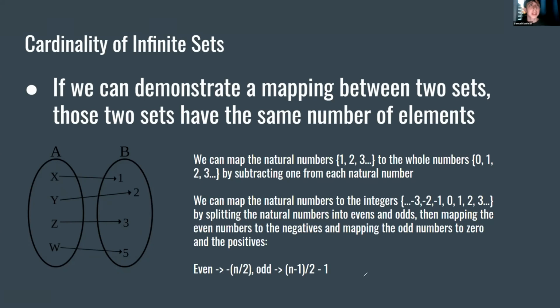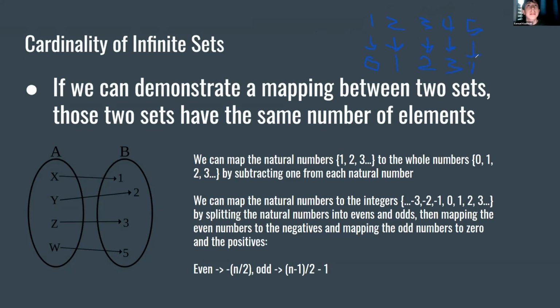So imagine we have the natural numbers 1, 2, 3, 4, 5, and we subtract 1 from each of them. 1 goes to 0, 2 goes to 1, 3 goes to 2, 4 goes to 3, and 5 goes to 4.